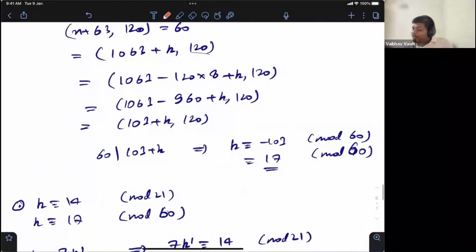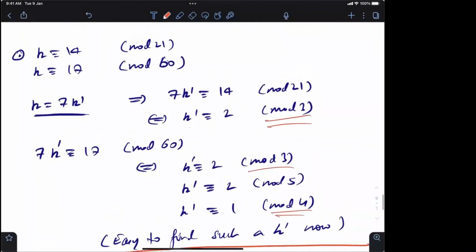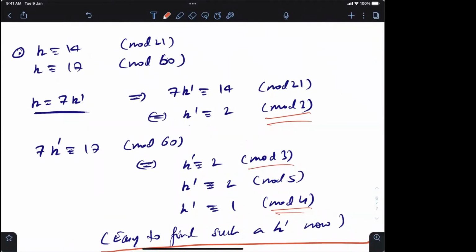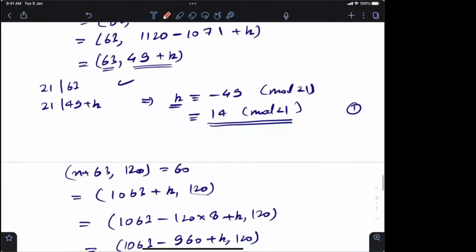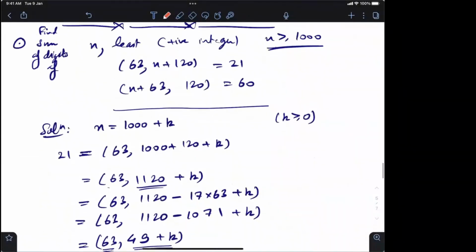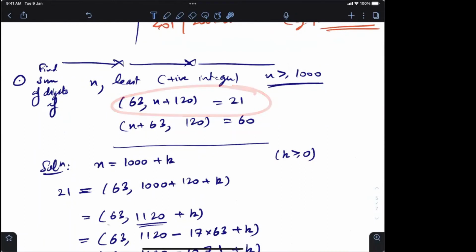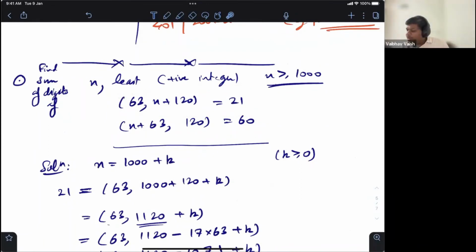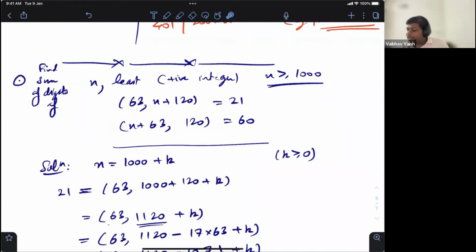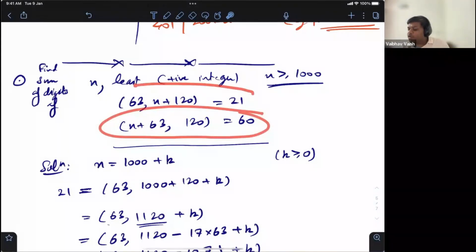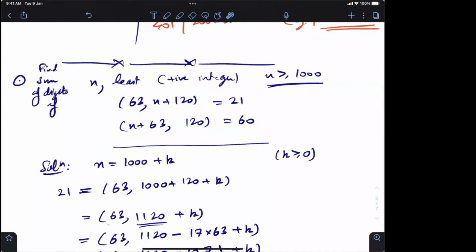If we take mod 21 in the first equation, then n is congruent to 6 mod 21 comes out from the first equation, and n is congruent to 57 mod 60, that is minus 3 mod 60, from the second equation. Then we can directly do it.